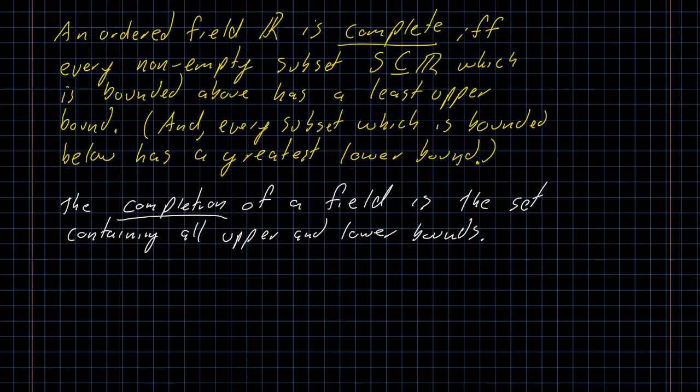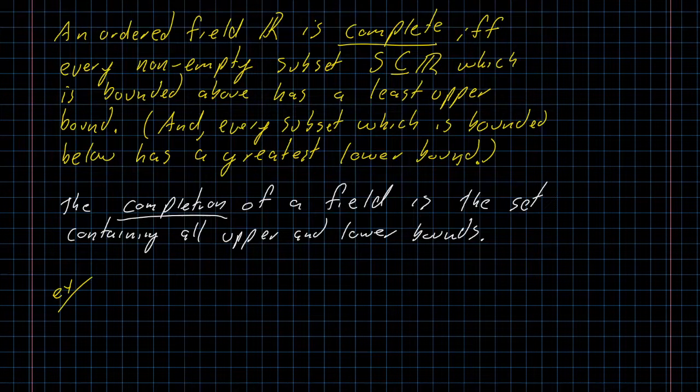All right, I'm getting very sloppy with the definitions at this point because, again, the specifics aren't all that interesting. But the completion of a field is a set which contains all of the upper and lower bounds.